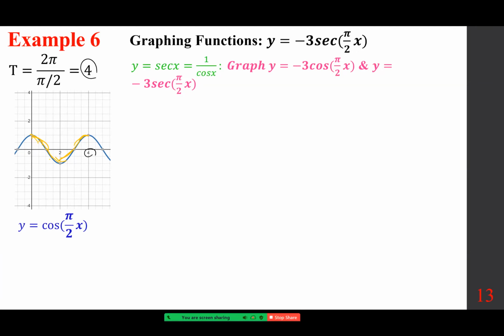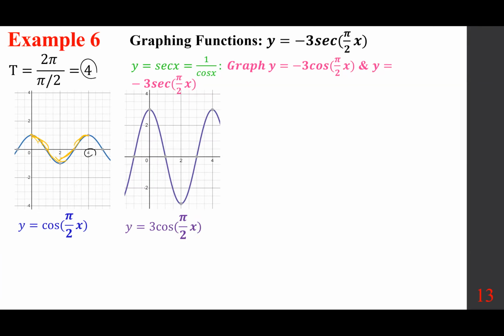All right, so this is cosine. The next thing is to multiply this by 3 and stretch it by a factor of 3. So, for example, 0, 1 becomes 0, 3, just as an example.